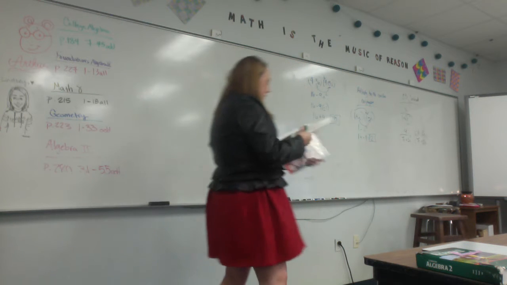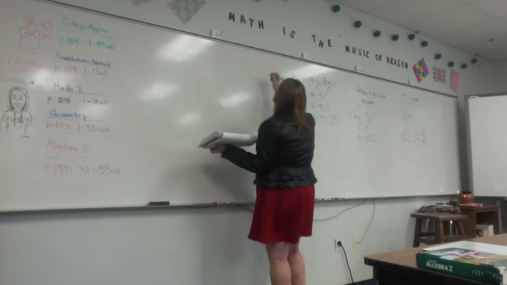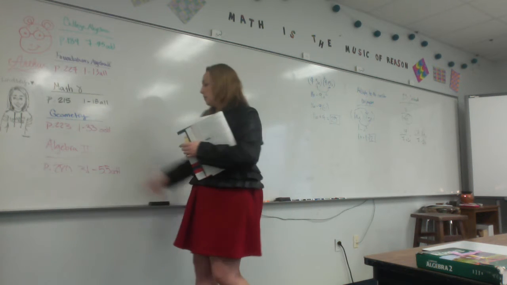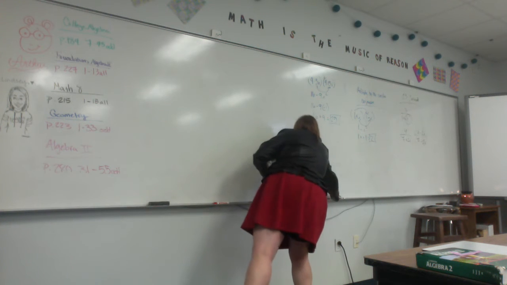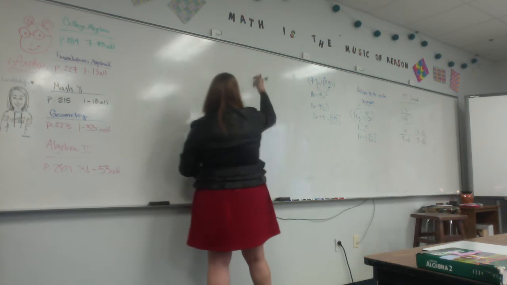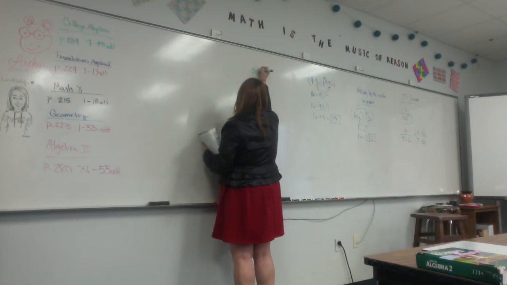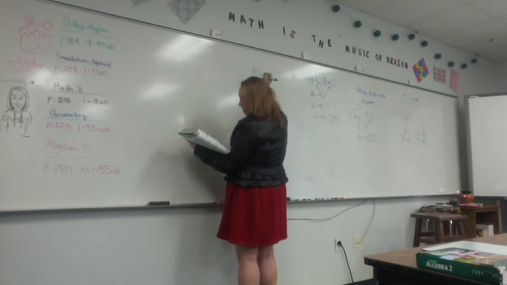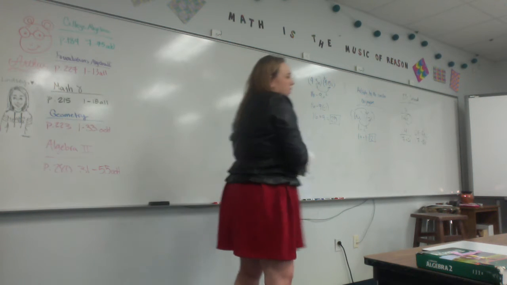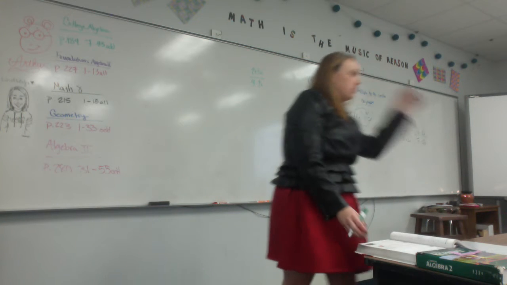So if I have 2 plus 3i over 4 minus 2i, how would you solve this using a complex conjugate? What would you need to do?